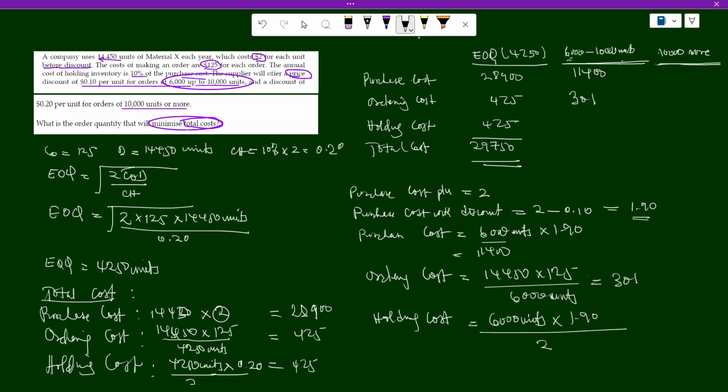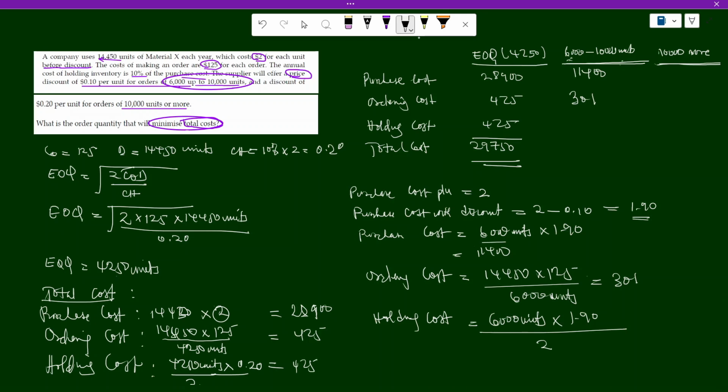The supplier will offer a price discount for orders of 10,000 or more. So your ordering cost, okay, so we have 125. Your ordering cost will be 301.